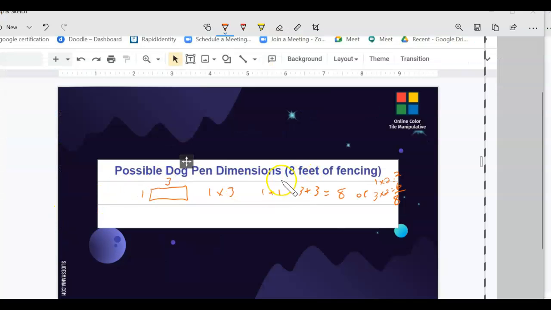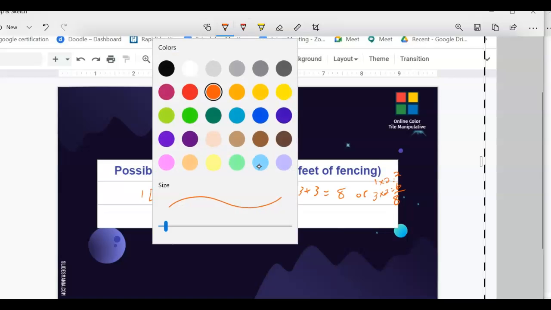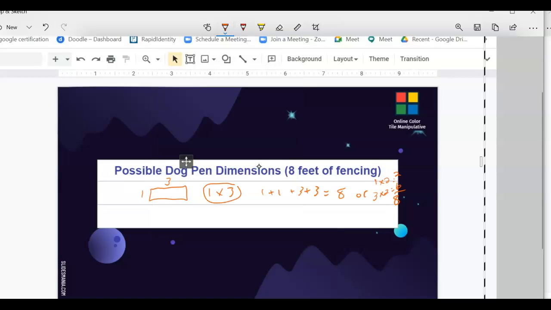All right, so we're looking for, again, 8 feet of fencing. So that means that your perimeter has to be 8 feet around. When you add up all the sides, they have to be 8 feet. One possible dimension, and I've already got it right here, is going to be 1 times 3. 1 by 3 is one possible solution.